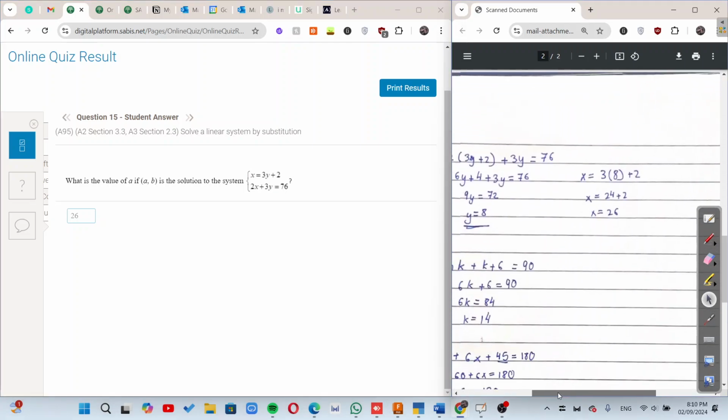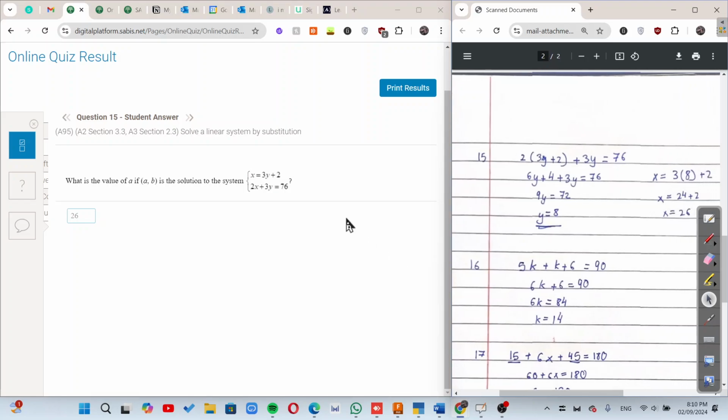So you just have to substitute this x in this equation. 2 times whatever x equals, plus 3y equals 76. So 2 times 3y is 6y, 2 times 2 is 4, plus 3y equals 76. 6y plus 3y is 9y, 76 minus 4 is 72.